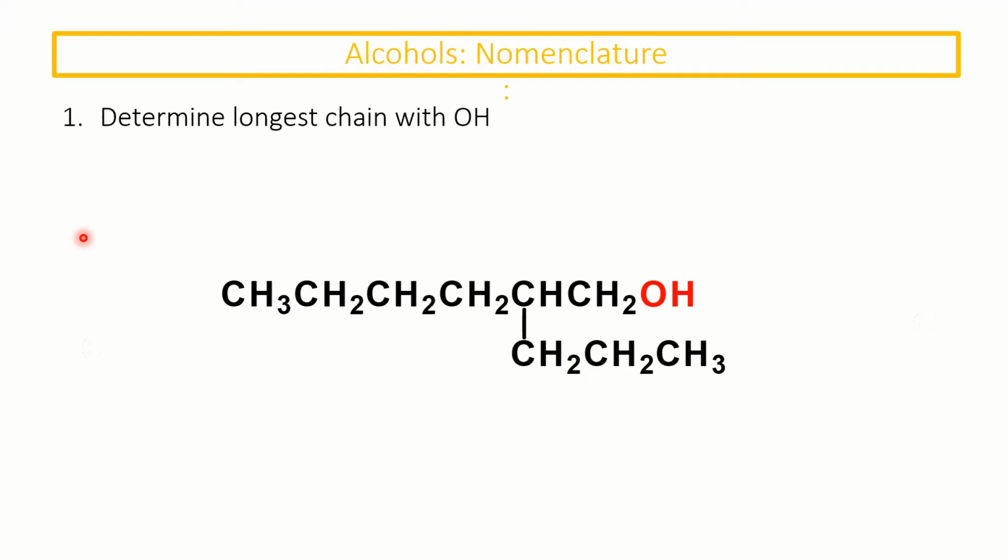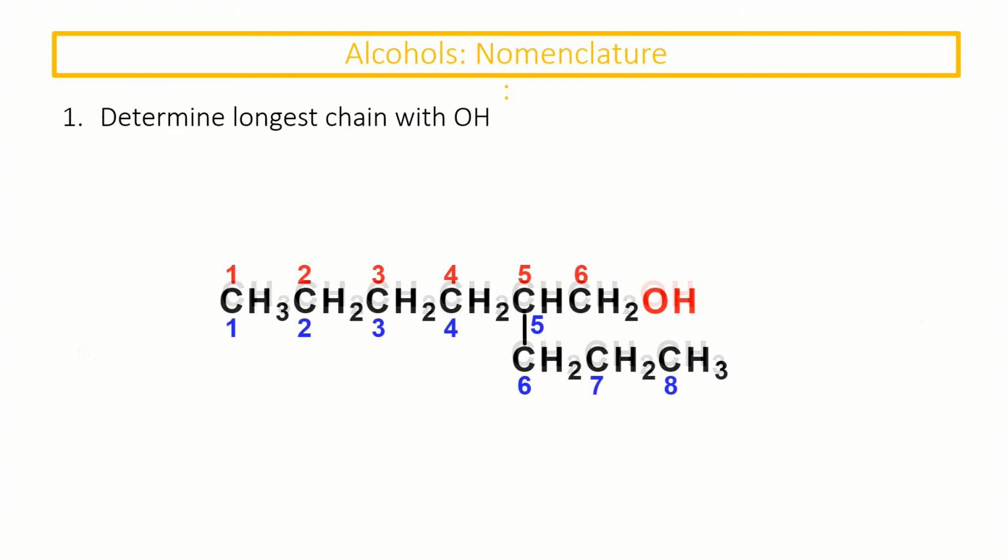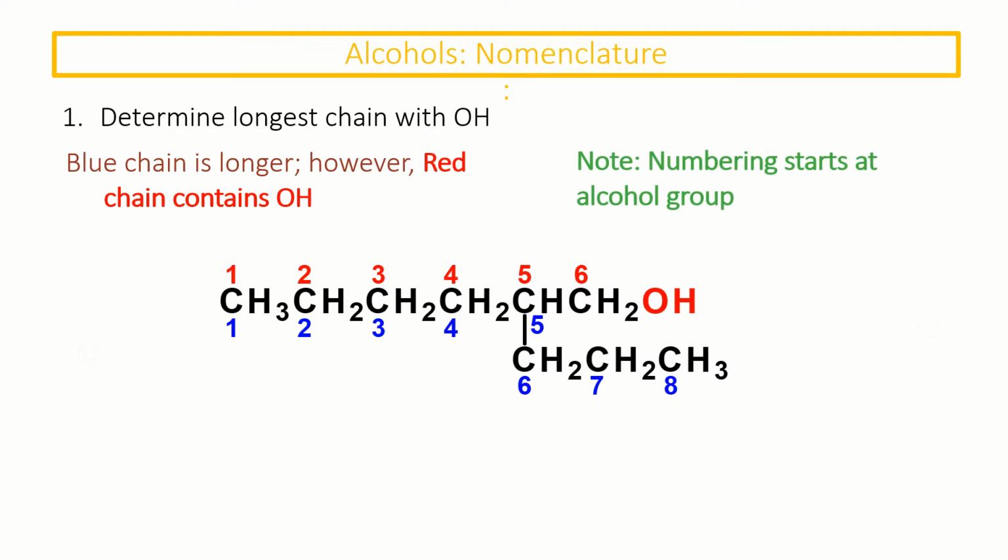For example, you can see here we have this compound, and at first glance we have an octane system or octyl system. But because the chain we're going to use as primary is the species with the alcohol, it is the 6-carbon chain.